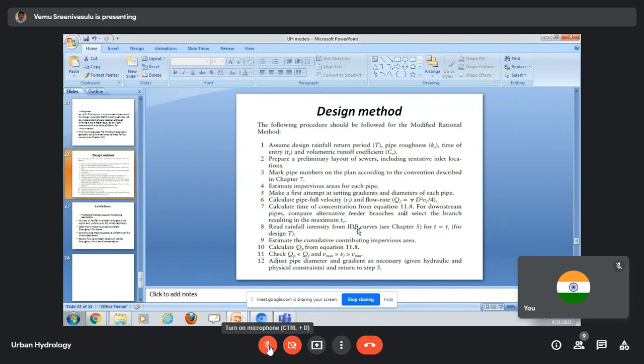So first you assume the diameter and gradient, then calculate the QF, and then calculate the QP using the rational formula. Okay, and check this condition. So how do you calculate the QP? For that I is required. From the IDF curve you calculate the I, A is the area of the catchment, and C depends upon the percentage of impervious area.